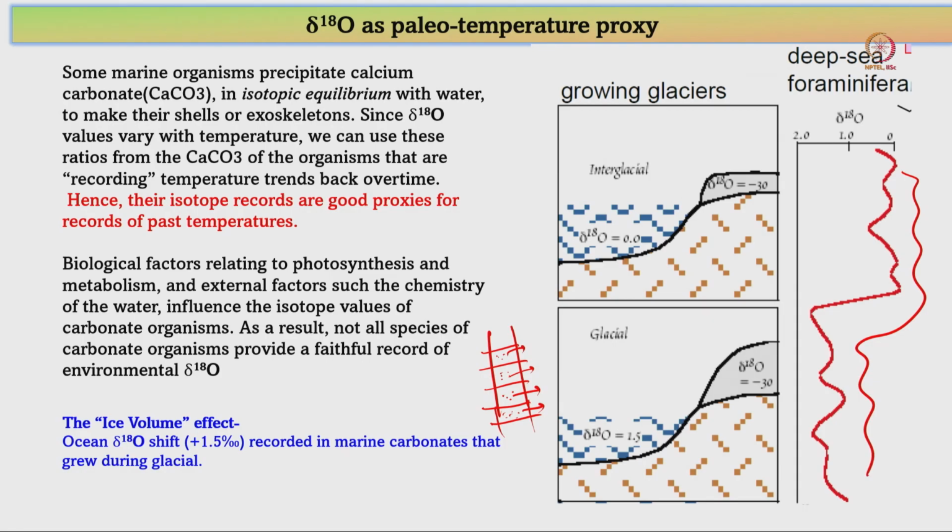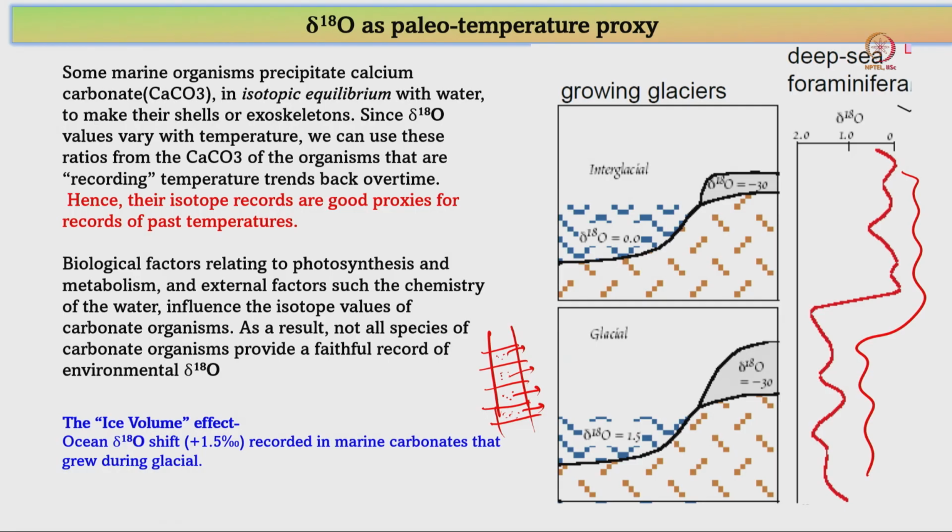If this is varying, that means there is a shift between the glacial and the interglacial period. How did it vary? We need evidence from multiple proxies when we are putting forward hypotheses, when we are testing Earth's history.